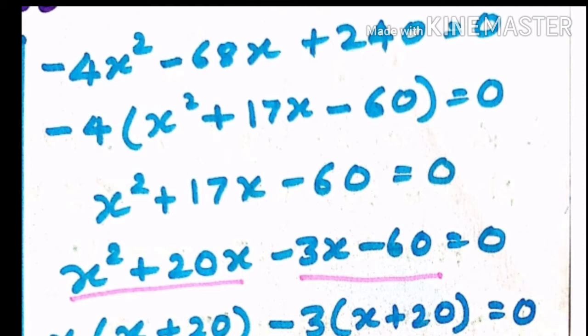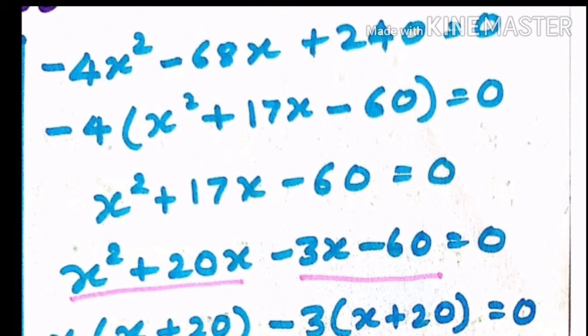Then we have to take the factors of 60. To get my middle term I use it as x square plus 20x minus 3x minus 60 is equal to 0. Now you know the method that from the first two terms you will take common, and from the second two terms also you have to take the common.